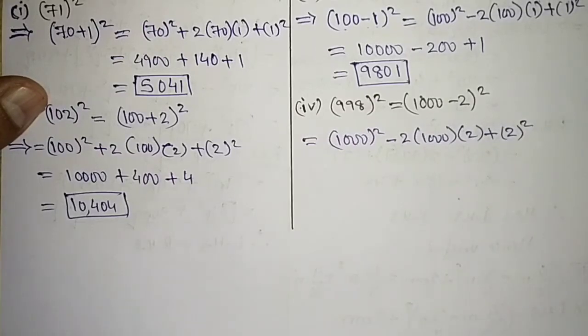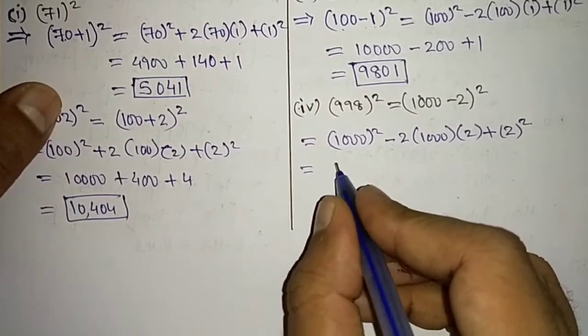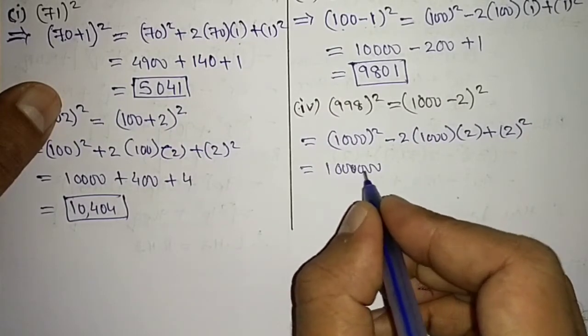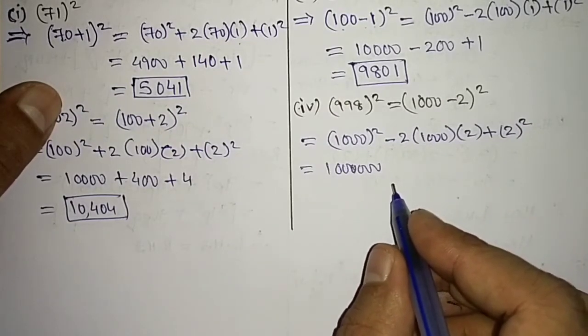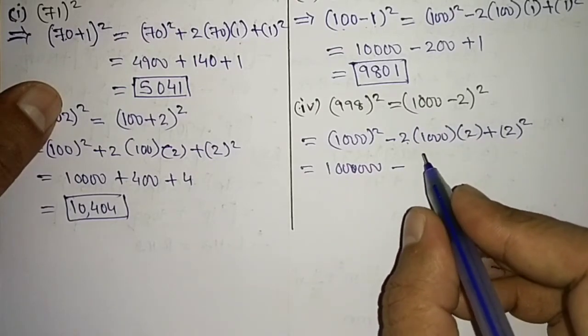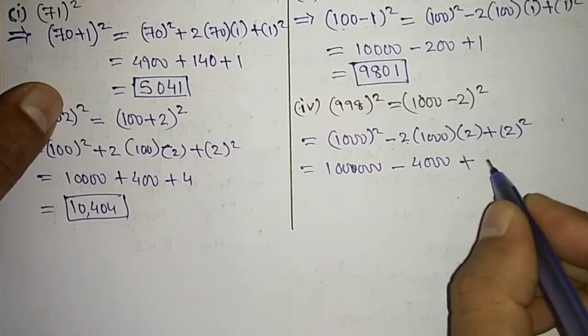That is 2 square. So 1000 square will give me 1 and 6 zeros. That means I will get 10 lakh. Minus 2 2s are 4, 4 1s are 4, that is 4000 plus 4.